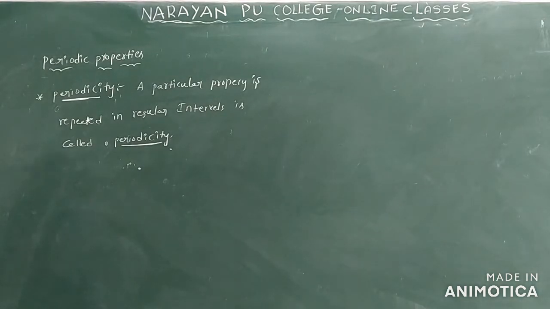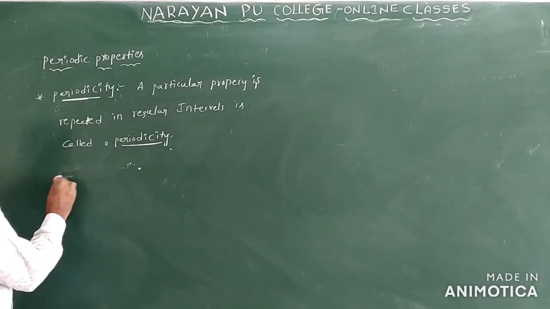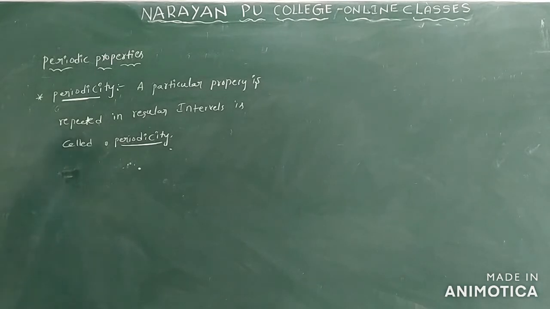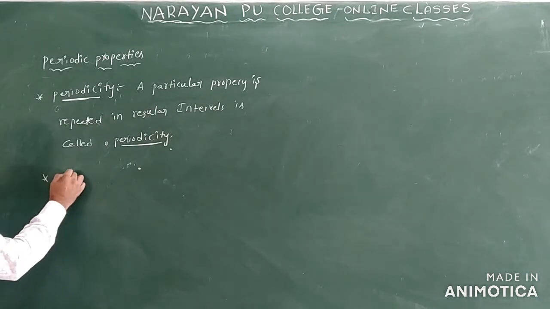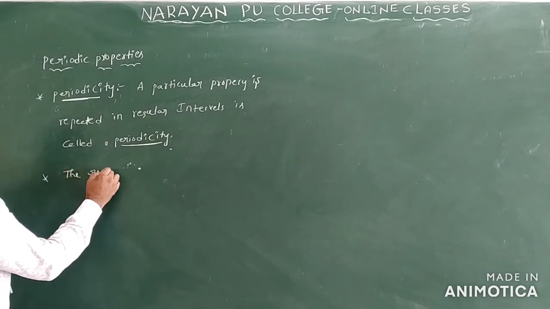So the repetition in the properties is called periodicity.